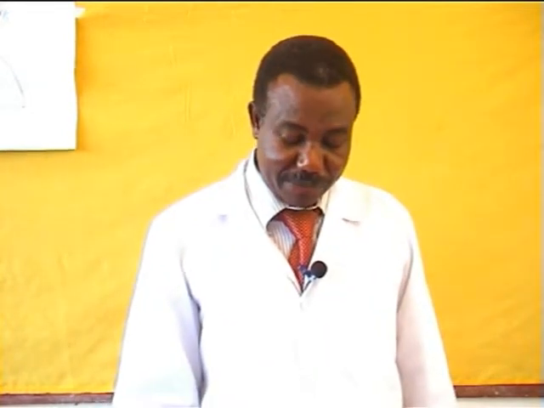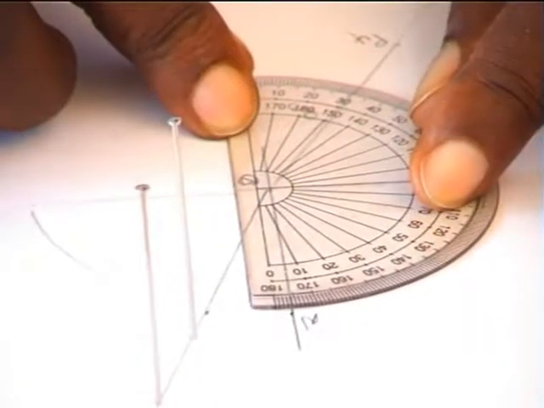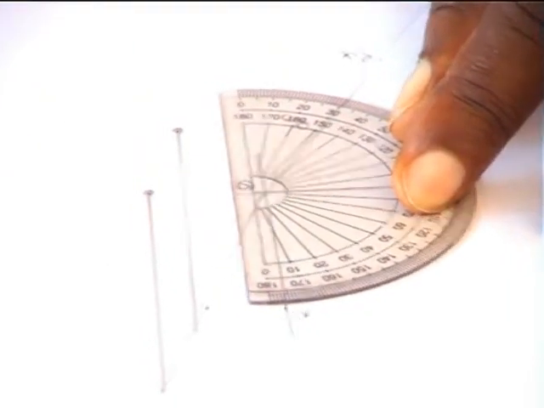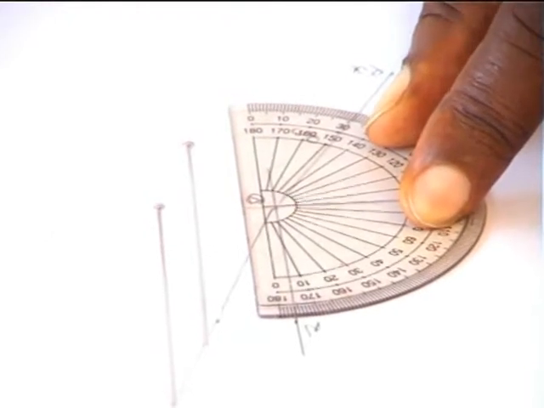Use a protractor and measure the angle which is formed by P3 and P4. The angle is 31 degrees.